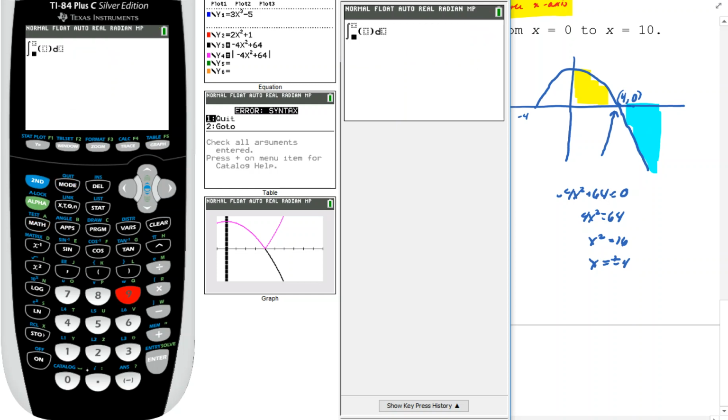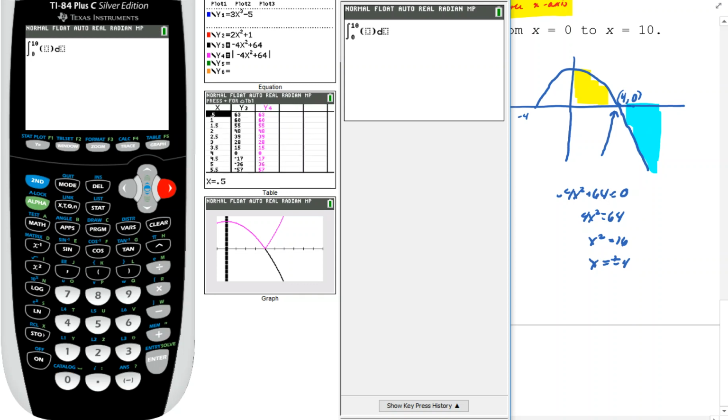If I evaluate the integral of that, so let's come over to here and Math 9, and I'm going from 0 to 10 of my y4. So now instead of y1, I'm going to come down and say I want y4 and dx.